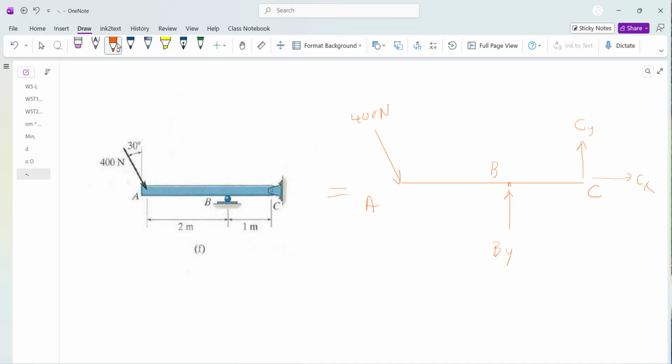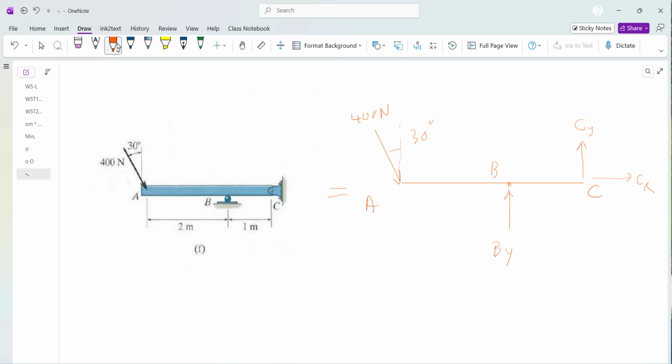But don't worry, in more complex problems, you cannot anticipate the direction of these unknown reaction forces, and all you can do is assume they're both positive. You proceed with imposing the condition, and after solving them, if you find a negative number, you reverse the direction of the force. So that is the free body diagram for this system.